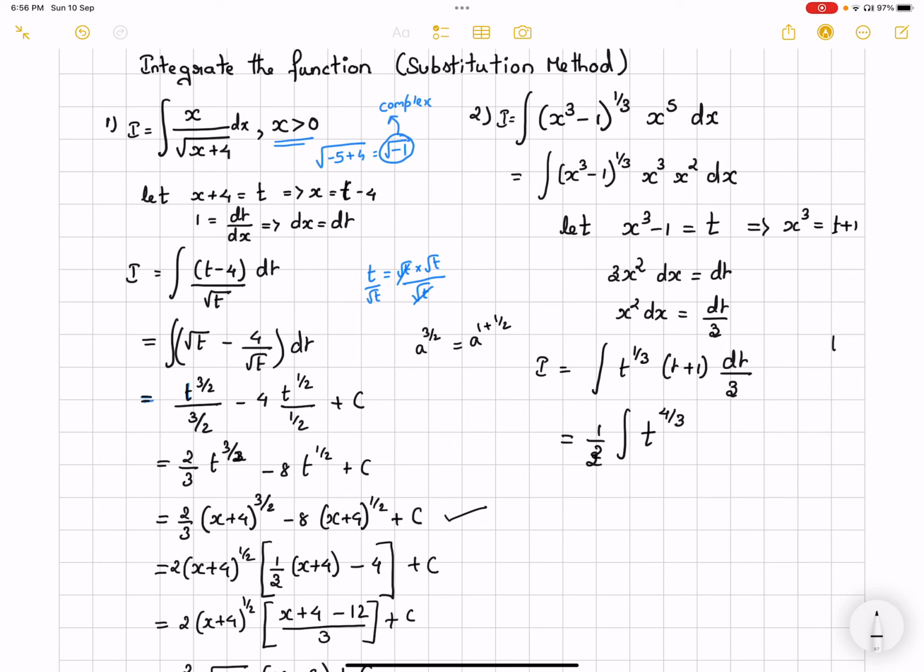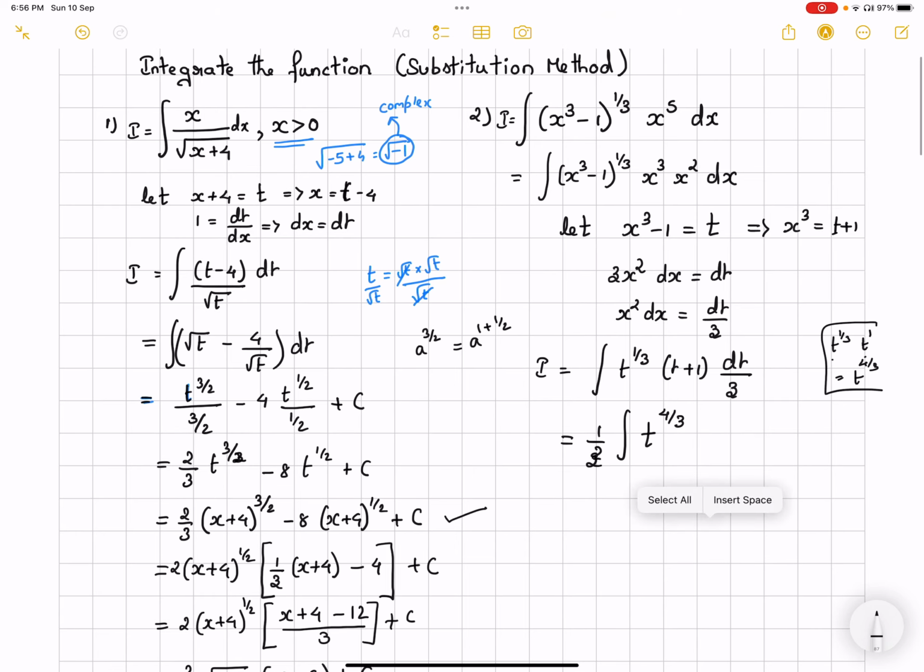It is like t to the power 1/3 into t to the power 1. Base is same, the powers we would be adding. So 1/3 plus 1 is going to be 4/3. This is how we got it. Okay. And then plus t to the power 1/3 dt.